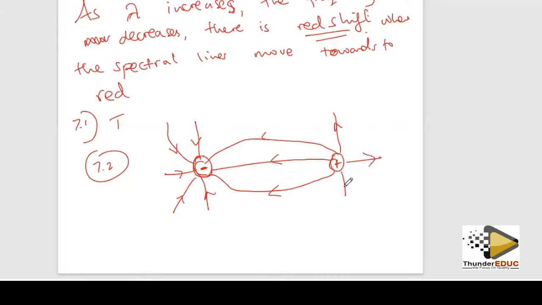The lines must be seen. I can add another line somewhere. Since the magnitudes are the same, the number of field lines leaving one must be the same as the number of field lines reaching the other. Okay, 1, 2, 3, 4, 5. 1, 2, 3, 4. Something like that.